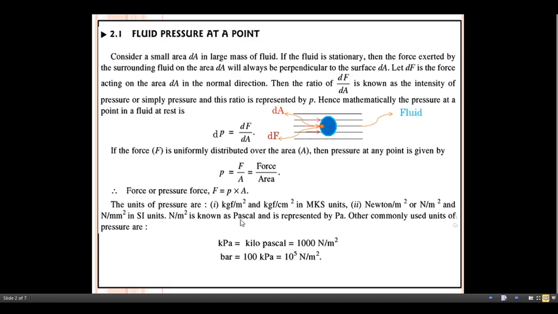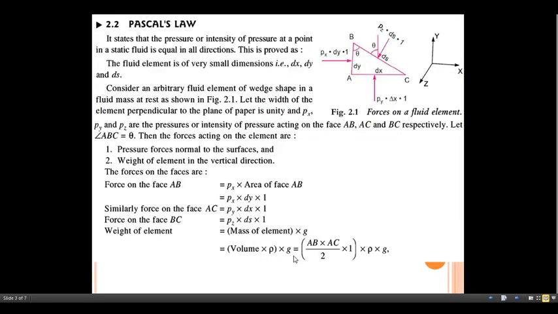Newton per meter square is known as Pascal and is represented by Pa. Other commonly used units of pressure are kilopascal, equal to 1000 Newton per meter square, and bar, equal to 1000 kilopascal, equal to 10 raised to 5 Newton per meter square.